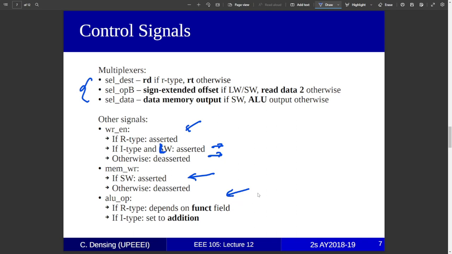ALUOp depends on the func field, as before, either add or sub, or and then or, but it depends on the design of the ALU. If it's not an R-type, it's set to addition. Why is it set to addition? Because we want to calculate base plus offset. Note here, it's base plus offset.